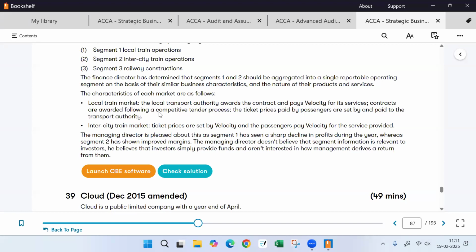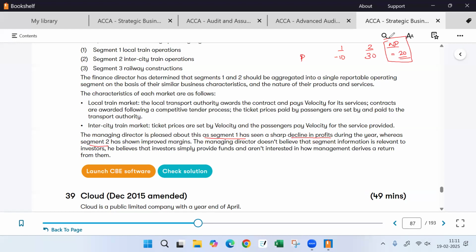Now, if we combine segment 1 and 2, what is the risk that we are facing? Let us assume segment 1 and segment 2 have a loss of 10 and a profit of 30. So what will be the net profit? 20, correct? So if you combine, you will show this, and you will think that, oh, this segment is actually profitable.